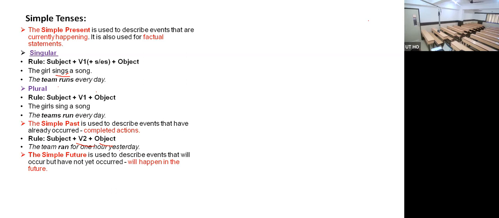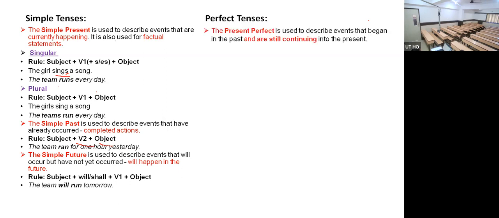That is the simplest way of representing it. Now when you talk about the simple future, it will be will or shall plus the root verb. So the team will run tomorrow. That will be the simple future.